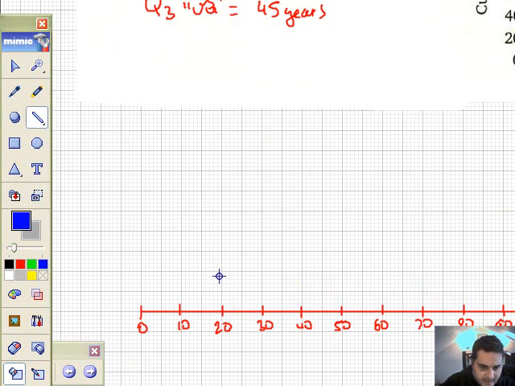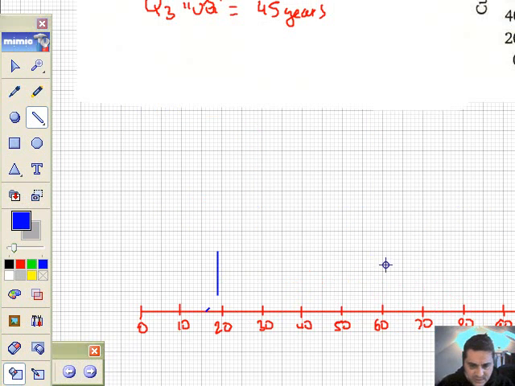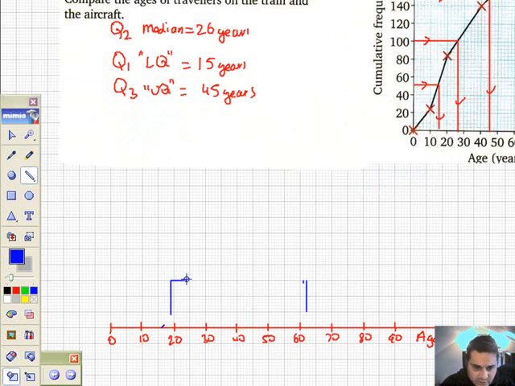So 19, and it doesn't matter how fat the boxes are, as long as they're the same. The upper quartile is 62. So 62 is 2 squares above 60, I guess. So about that. No, not clear enough. Go over one more. Really hard. Then we just join the two ends to make a lovely little box like that. Nope, do it better. Oh, it's really hard.